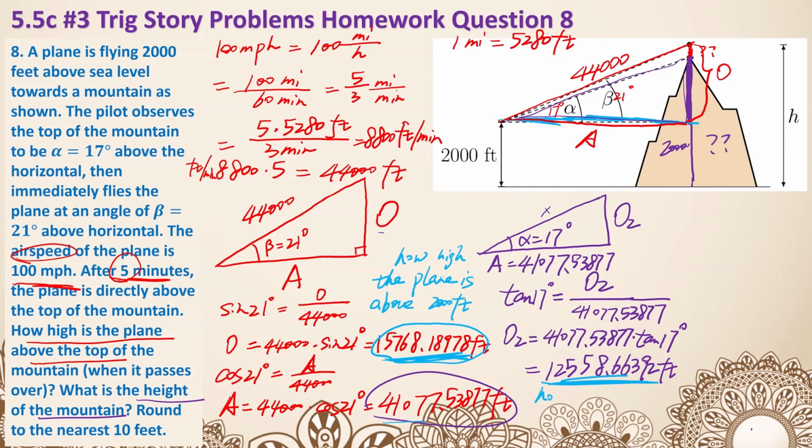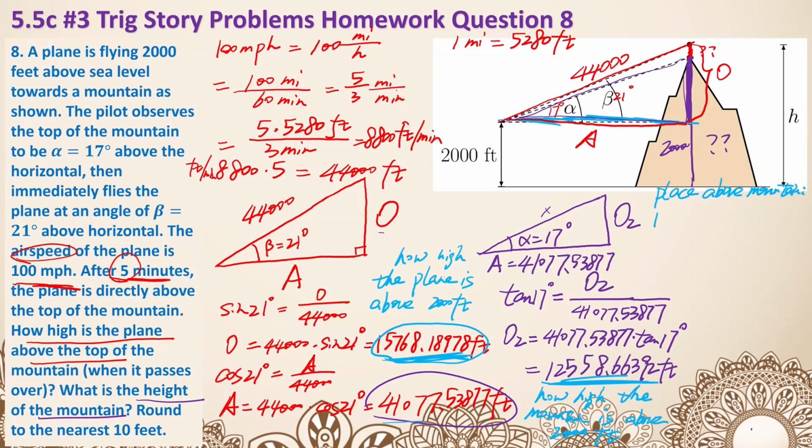And this number is how high the mountain is above 2,000 feet. So I'm going to subtract them, and that's going to give me the difference: plane above mountain.